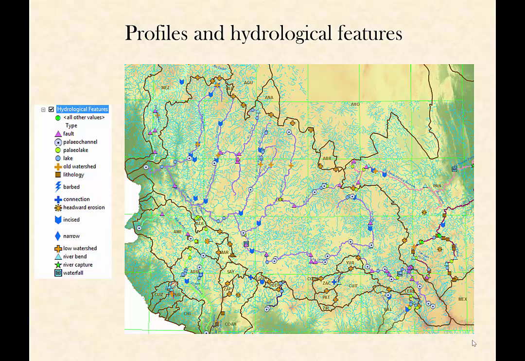So things like incised channels, faults, old watersheds that have been marked on maps, places where you have narrow valleys, river bends. The triangles are places where we've potentially got sharp bends which may be linked to river capture. Look at this one up here. The main channel goes woof like that round a bend. That's the kind of signature that we're looking for.